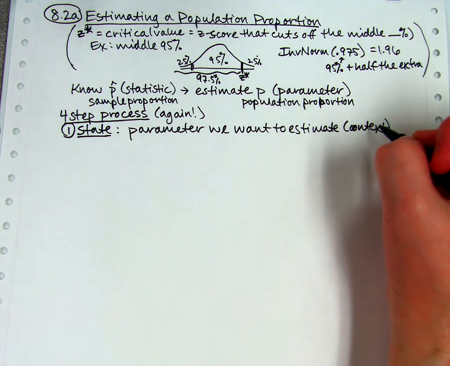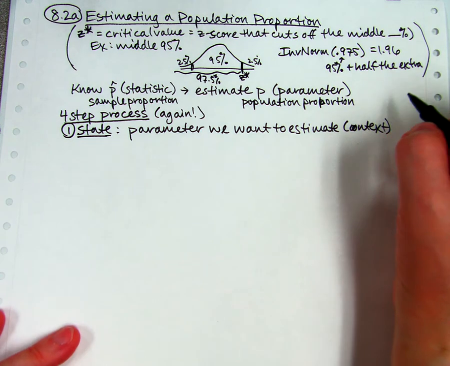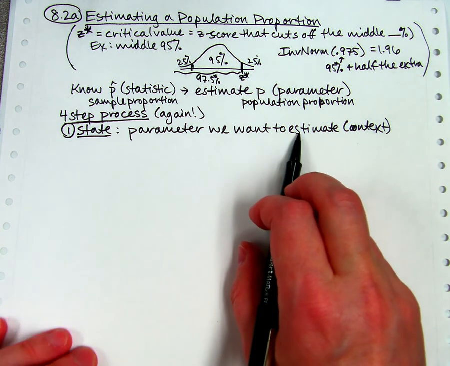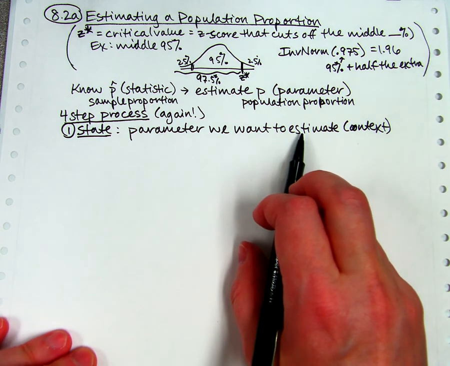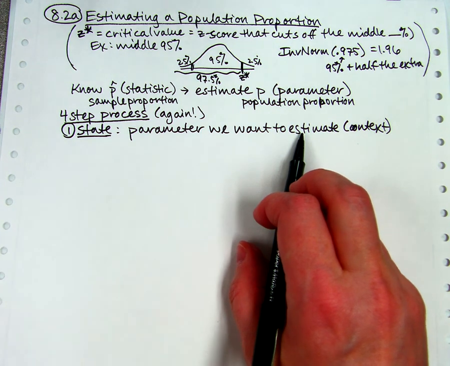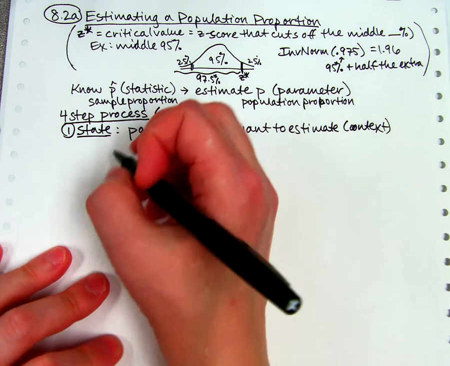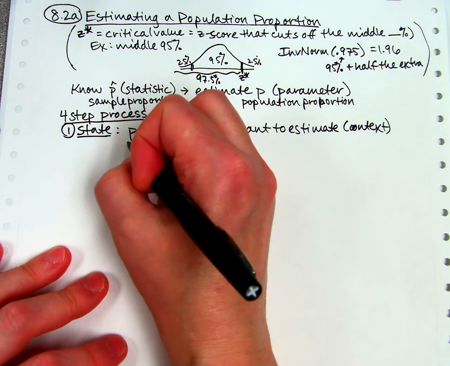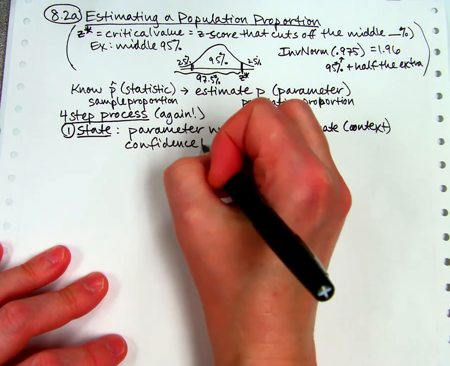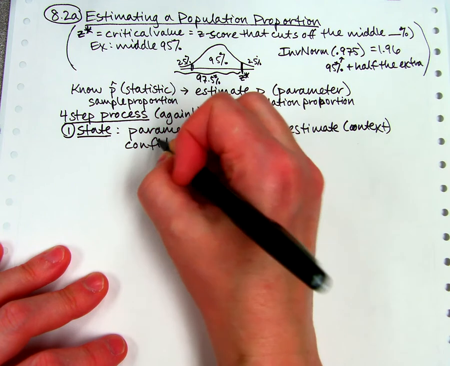And then we need to say what our confidence level is. Just a quick example of this, but I'm not going to write it down. Say we have a bag full of red and white beans, and we want to estimate the proportion of beans that are red. That's our parameter. And then our confidence level is the second thing we should state. Confidence level is usually 95%.